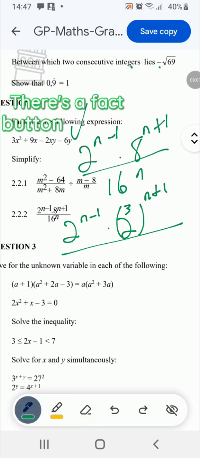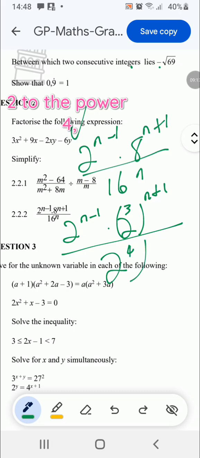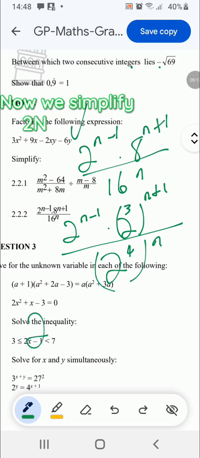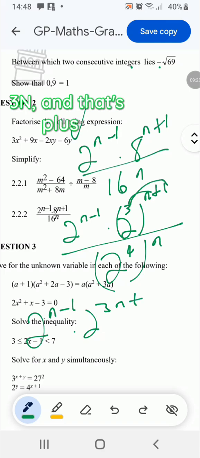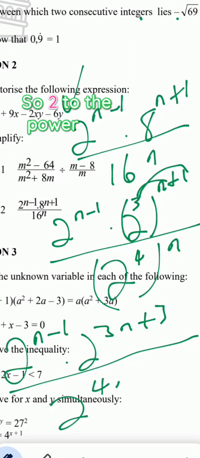There's a fact button on your calculator. 2 to the power 4. Raise n. Now we simplify 2 to the power n minus 1. Now this 3 times n is 3n, and that's plus 3. So 2 to the power 4n.